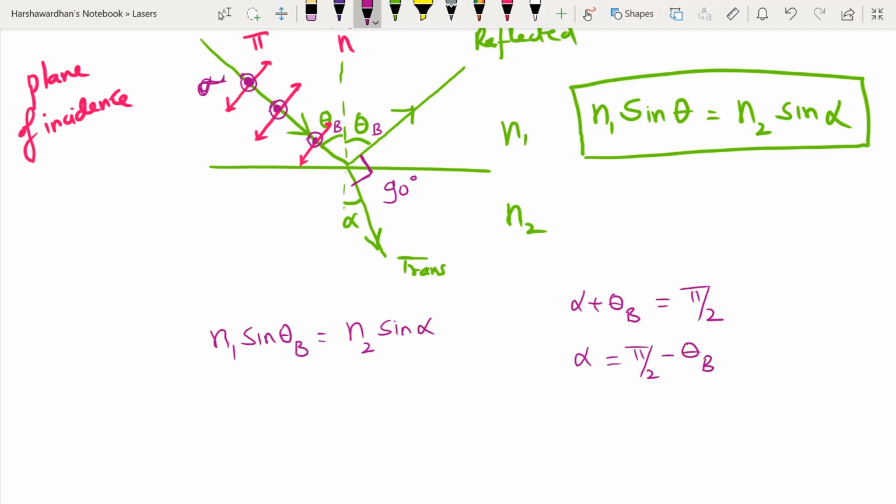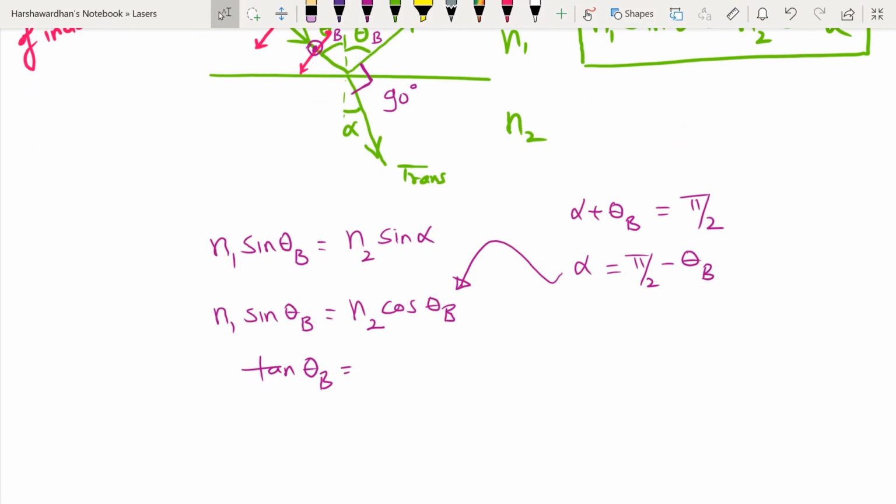So hence I can write this out as N1 sine theta Brewster equals N2 cosine theta Brewster. I will just put my alpha back into this equation. All right, so what we get is basically the following, that my tan theta Brewster is N2 by N1, which is what gives me the condition for the Brewster angle.